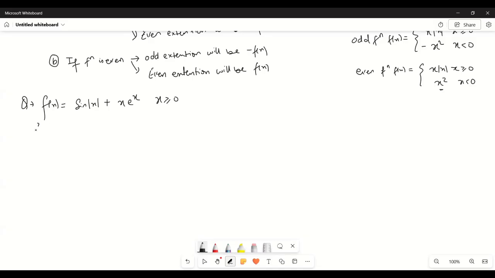And we have to do the same. Find the odd and even extensions of f(x).